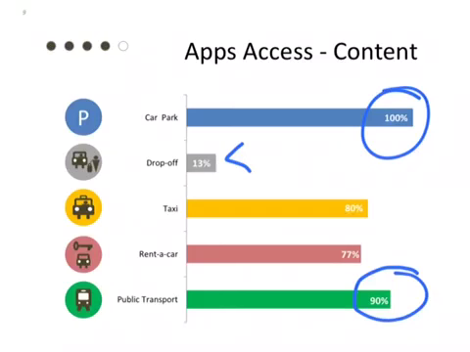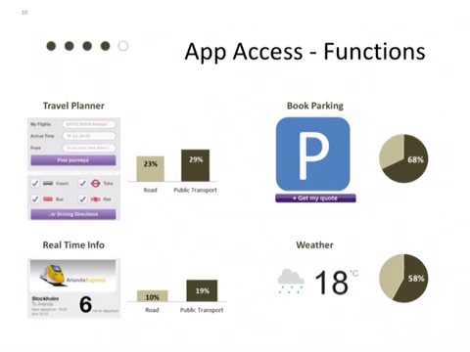But one thing we wanted to analyze was whether airports were using those applications to try to increase the number of passengers using public transport in order to reduce the use of cars. So in order to do that, we looked at the functionality included in those applications.